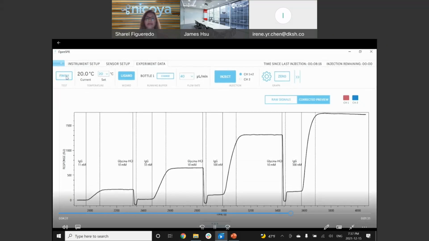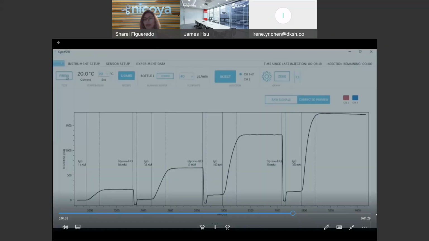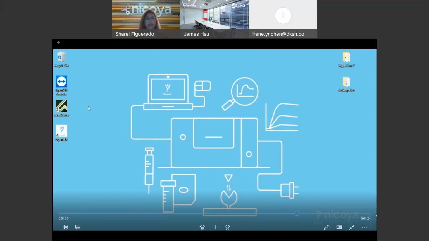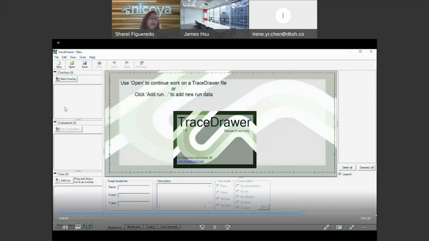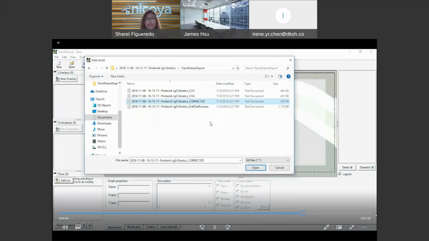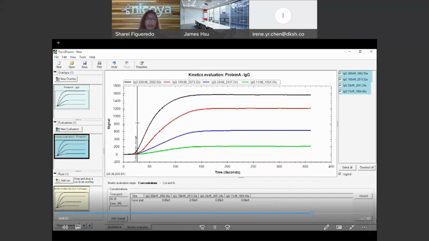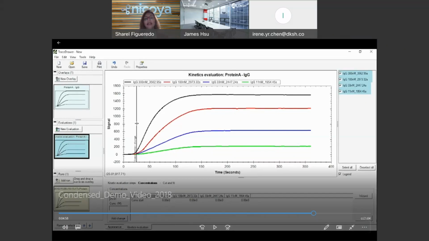Once this is completed, we will be able to do an analysis in our software called TraceDrawer. The sensorgram or the file is imported into this software, and you're looking at the corrected data. Actually, all the data points will be here, where we are now going to deselect all the regeneration solutions or the blocking solutions and only look at the 4 analyte concentrations that we had tested.